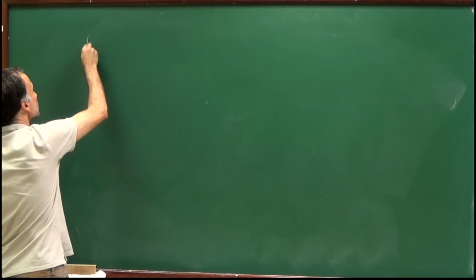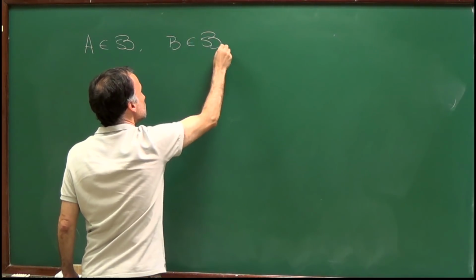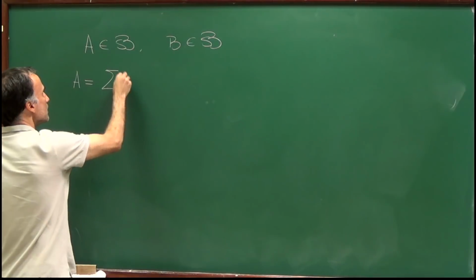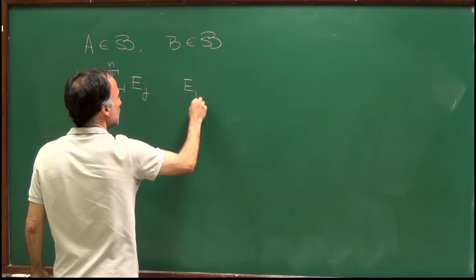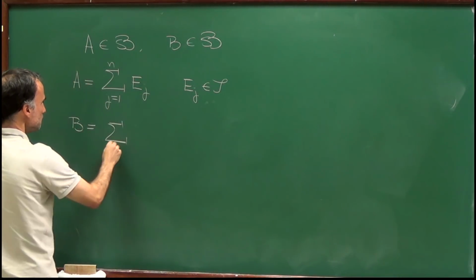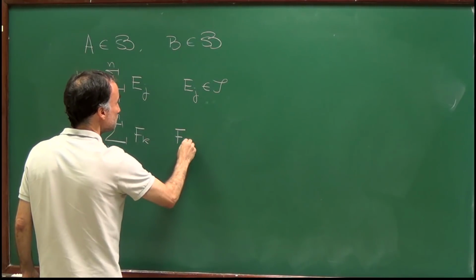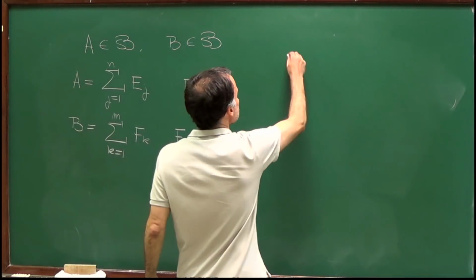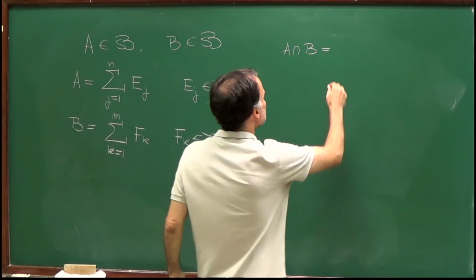Let's take a set A in B and a set B in B. Since A belongs to B, by definition of B, A can be written as a finite disjoint union of elements of this semi-algebra S. By the same reason, the set B can be written as a finite disjoint union of elements of S. Now let's take the intersection of A and B. Let me write it with all details.